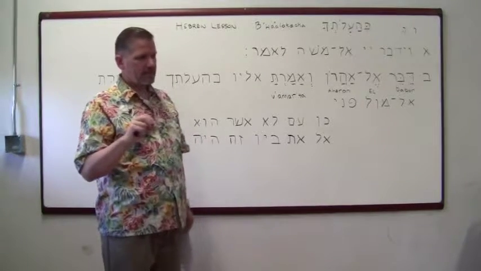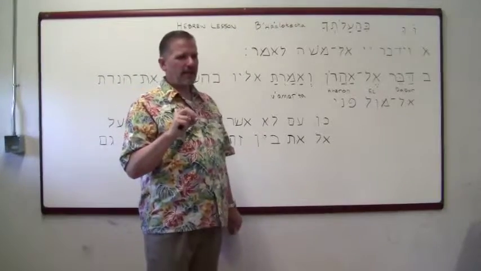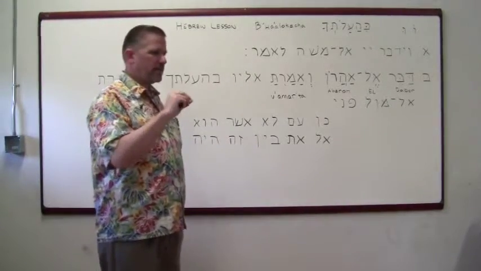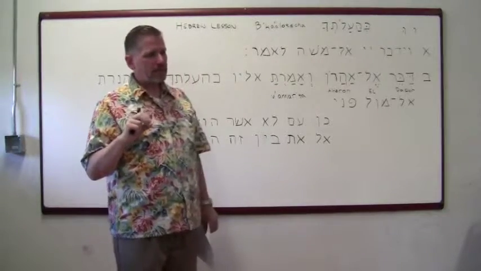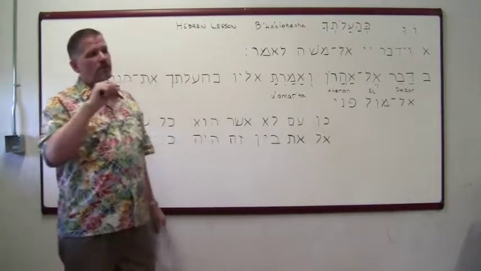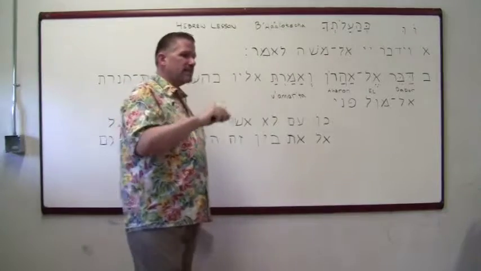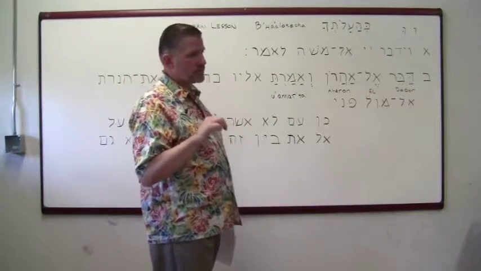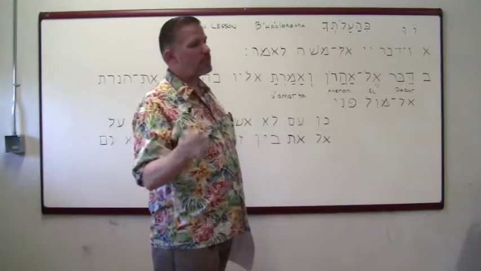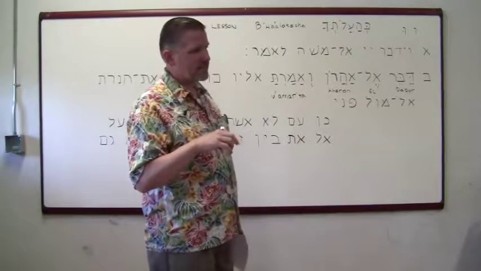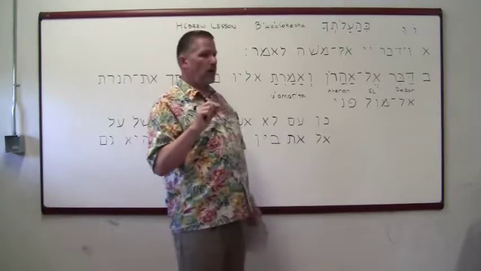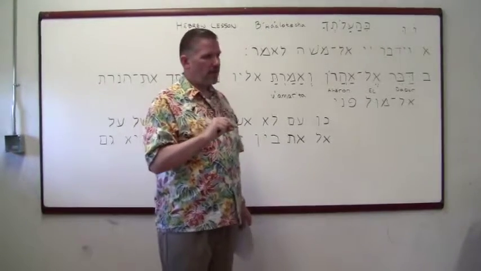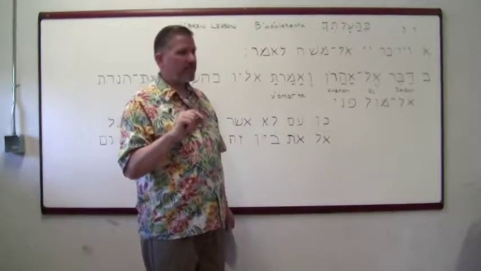V'amarta. Okay? You can kind of get it by being in between the V and the W, but remember also that the Gutenberg press, which was German, was the one that translated our English Bibles initially. We translated from that to get to the English Bibles, and the Gutenberg uses the W for a V, like in Wagner and Wasser.